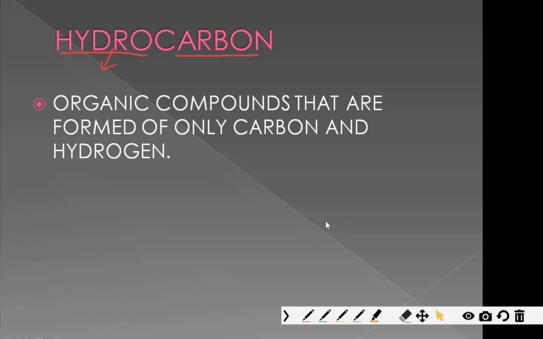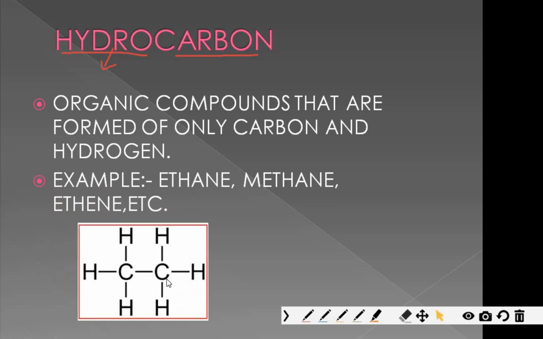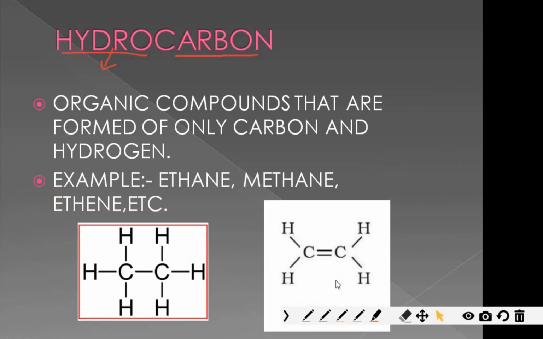Now what are the examples of hydrocarbon? Ethane, methane, ethene, etc. Now what are ethane, methane, ethene? I will show you in the next video. Okay, today we will just see the basic things. Okay, here you can see this is ethane and this is ethene.